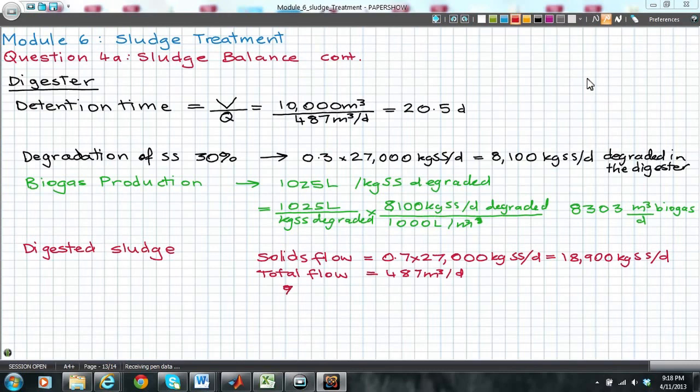So the suspended solids concentration in the outflow of the digester is going to be the total mass of solids, which is 18,900 kilograms of suspended solids per day, divided by the total mass of the digested sludge stream, which is the volume of 487 cubic meters per day, times the density of 1,000 kilograms per cubic meter, which gives us 0.039 or 3.9% suspended solids on a mass basis.